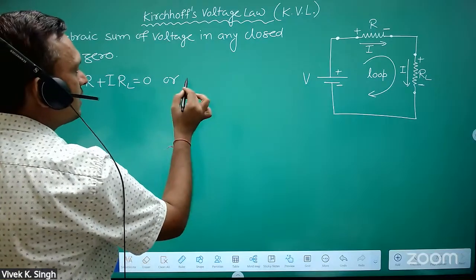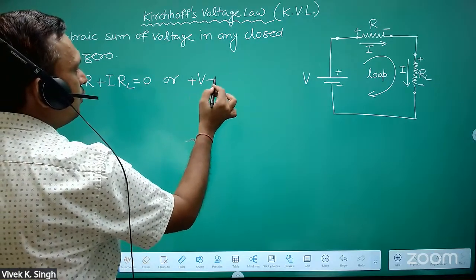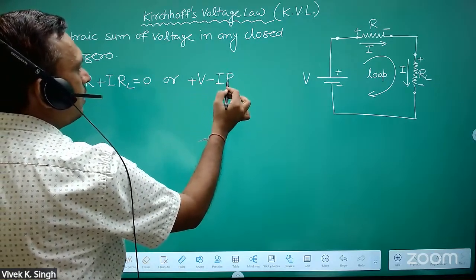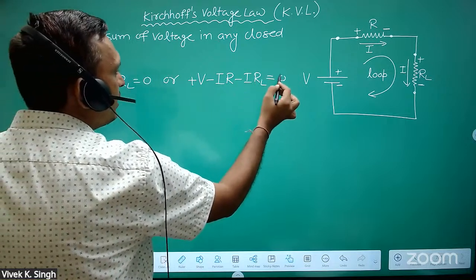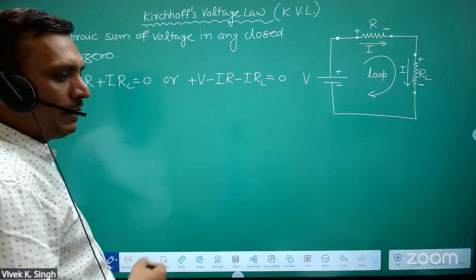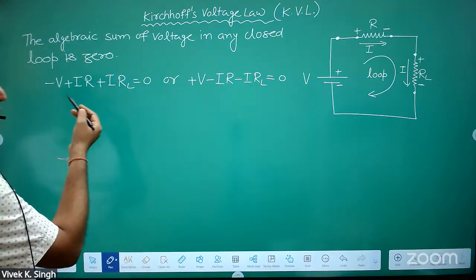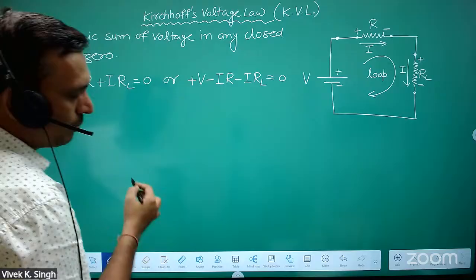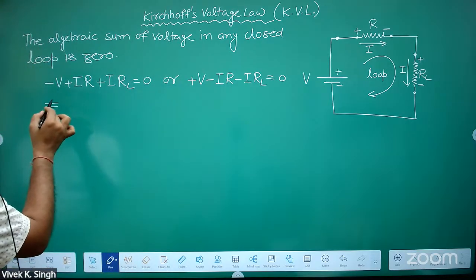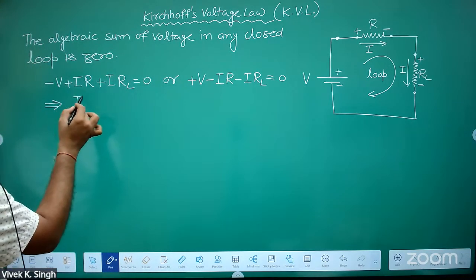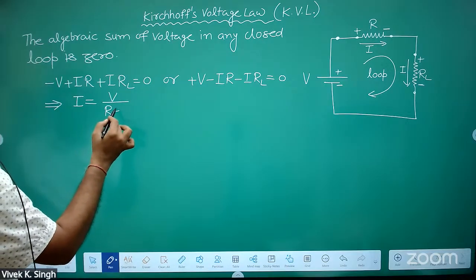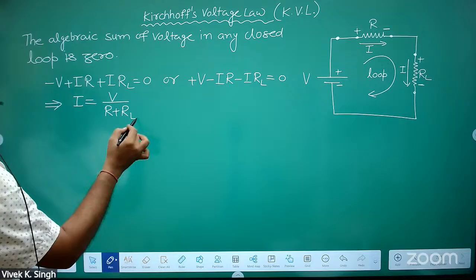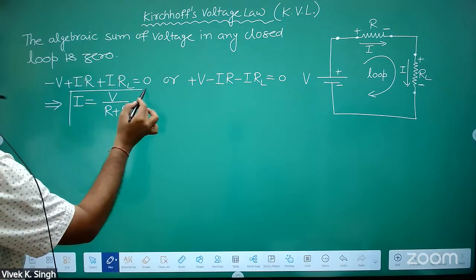Or you can take otherwise also. If you are taking this as a plus, then you have to take it as minus. So this sign convention will not change the result. You have to decide whether you want to take this convention or this convention, because they will give you same result. And current will be given by what? V by R plus RL. Is it clear?